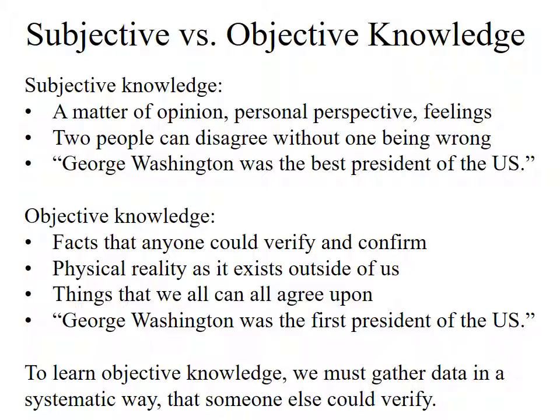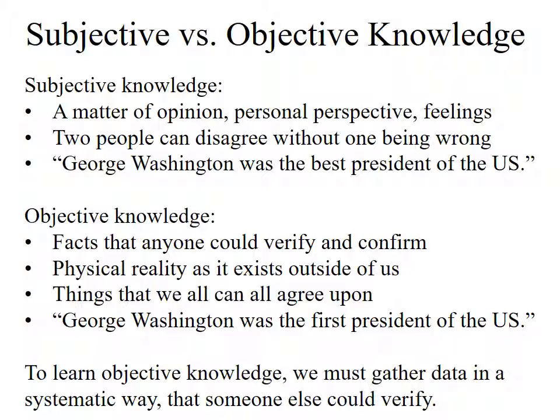Objective knowledge, that's the stuff we want. Facts. Any person could verify and confirm. It doesn't matter who you are, what your perspective is. We all agree on this. It's based on physical reality as it exists outside of us. For instance, we can all agree that George Washington was the first president of the United States. Whether he was greatest or not, well, that's a matter of opinion and perspective, and different people can have different opinions about that.